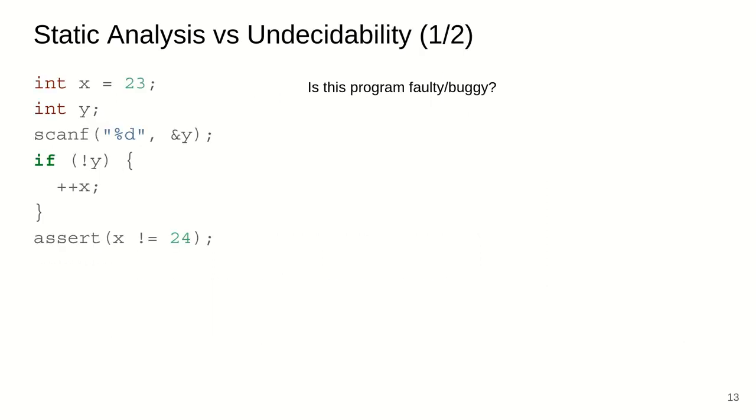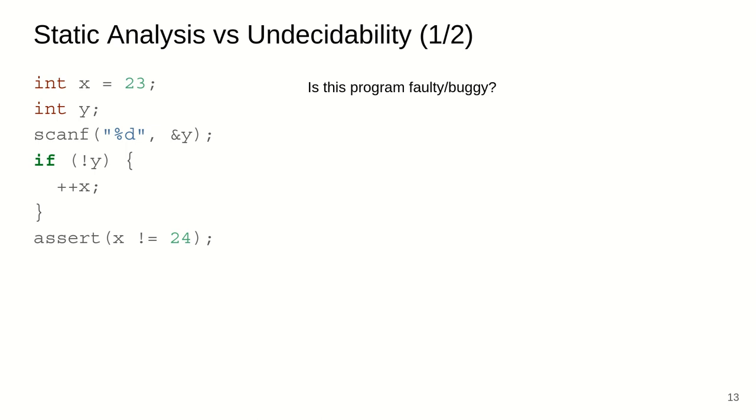Now, what do I mean with static analysis and limitations of static analysis? One of the big issues, as I mentioned, is undecidability. So if you look at this program here, we can analyze it, and we may ask ourselves, can this assertion ever trigger? So can X ever be 24?